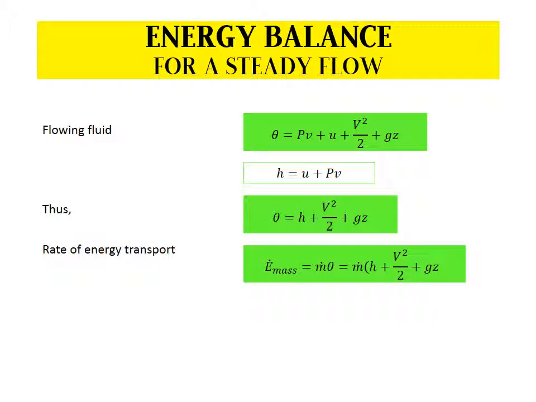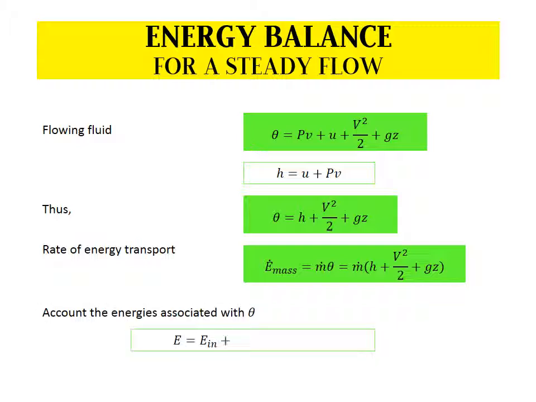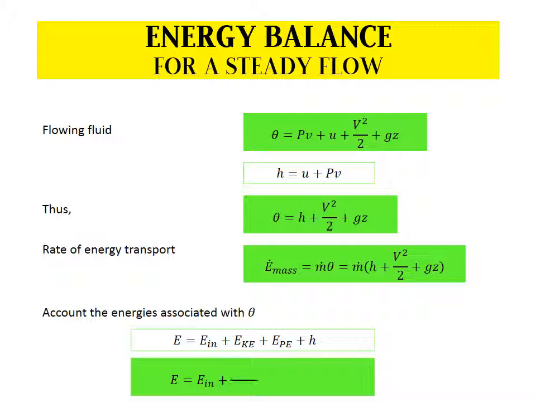Note that the rate of energy transport, E_mass, is equal to m dot theta, which is m dot times h plus V squared over 2 plus gz. So, we must account for the energy associated with the flowing fluid. So, E is equal to E_in plus E_KE plus E_PE plus H, which can also be said as E equal to E_in plus mV squared over 2 plus mgz plus mh.